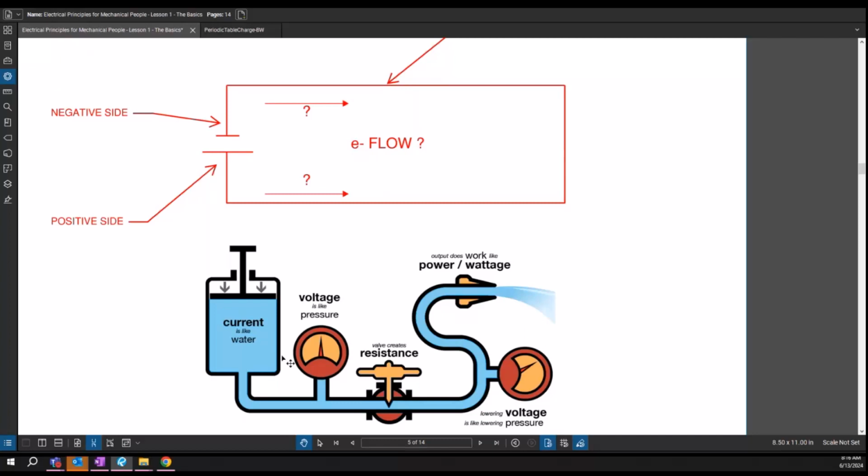So mechanically speaking, with water flowing, if there's no pressure, it's not flowing. Same goes with electricity. If there's no voltage, it's not flowing. Exactly. Okay. Tracking that so far? Yeah. Okay. So yes, the electrons flow from the negative side clockwise to the positive side.